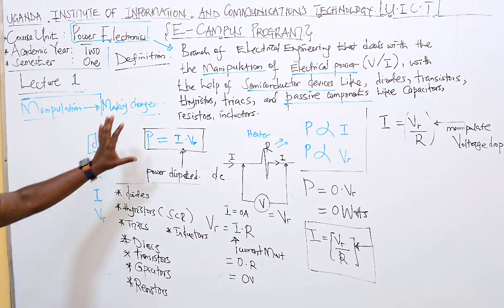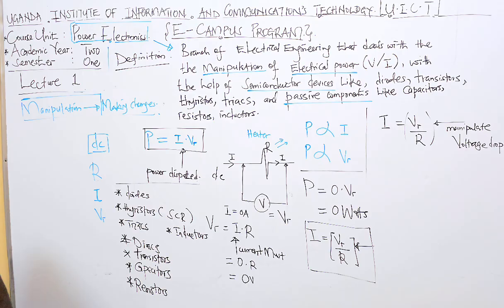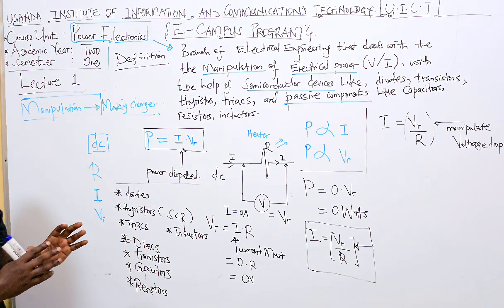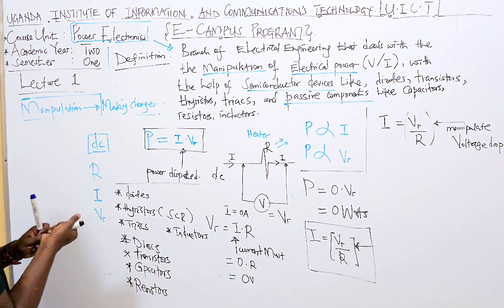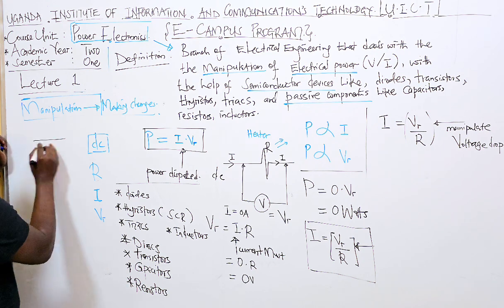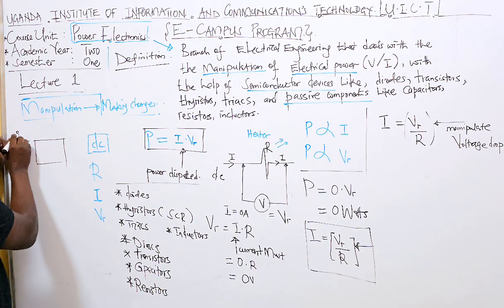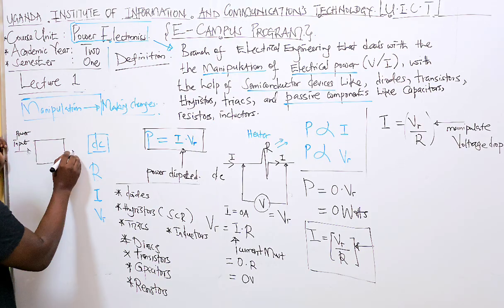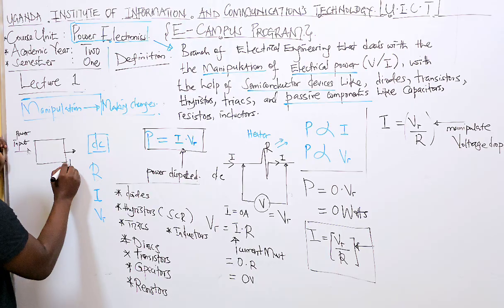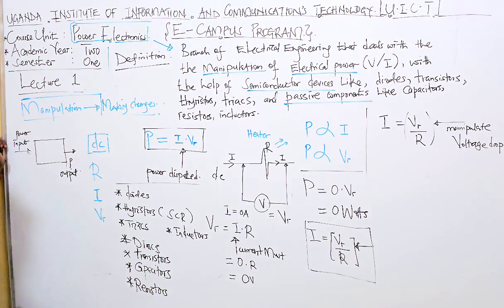So this is how the whole paradigm works. We will look at things like how much power we started with. Let's say we have an electrical system that takes in power input and gives us a power output.